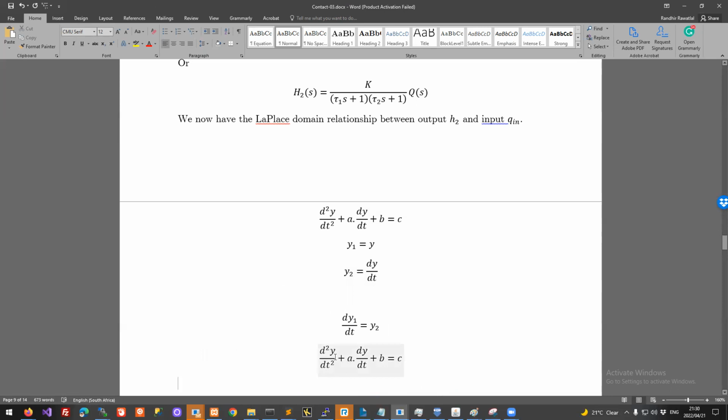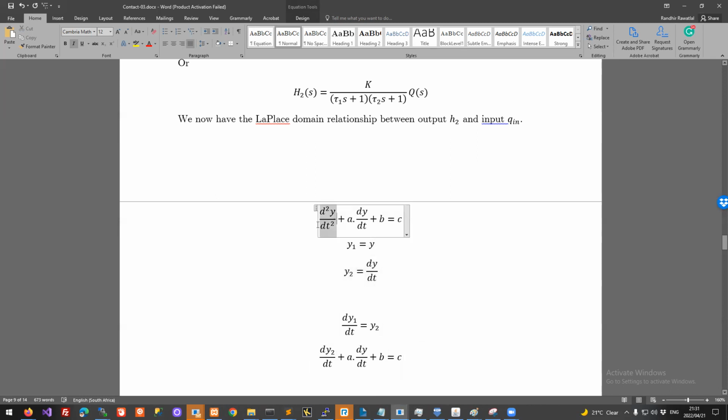Now, if you look at this, this first term, d2y dt squared, we can think of this as dy2 dt. So if you think about it, if you look here at y2, if you take d dt of y2, then it will be d2y dt squared.